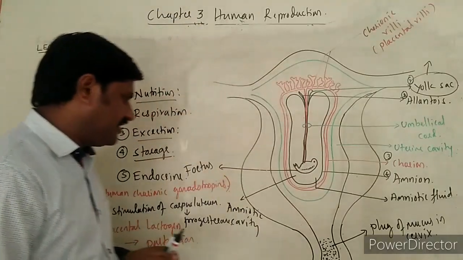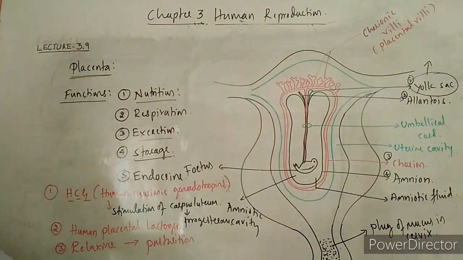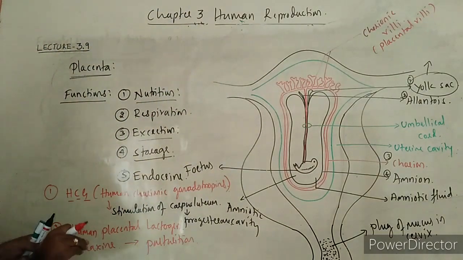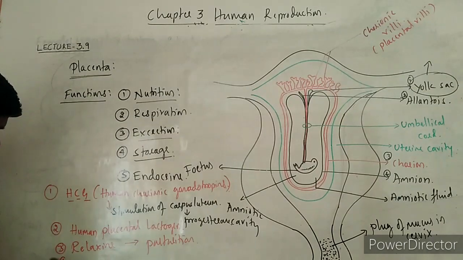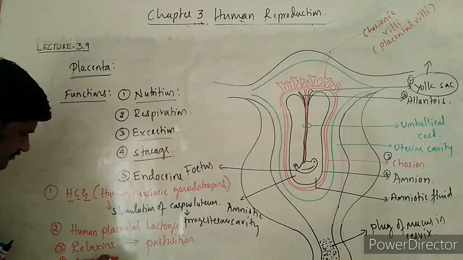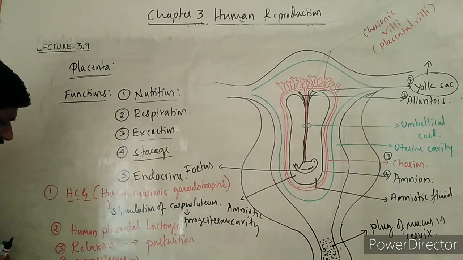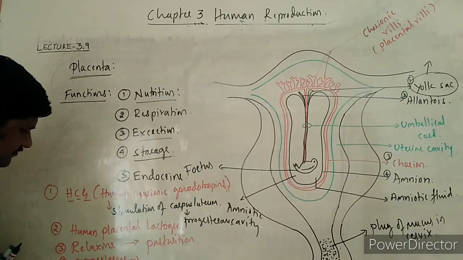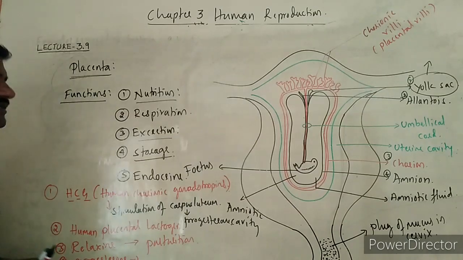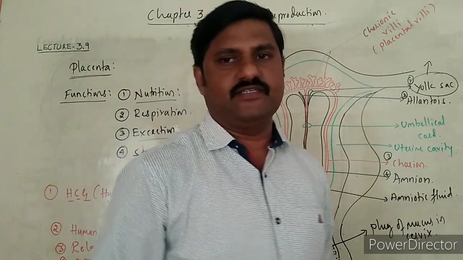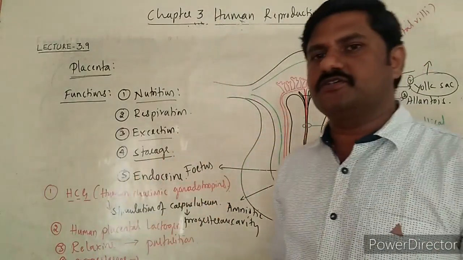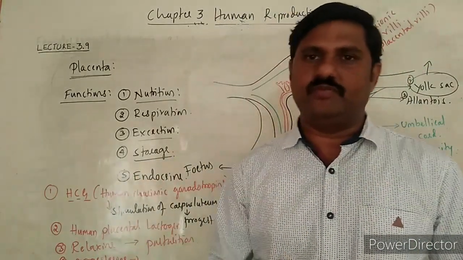Such kind of hormones are also secreted through this one. Along with this one, fourth one is progesterone, which helps in maintenance of pregnancy, and estrogen. All these are the hormones of what? Placenta. So all these functions of these hormones, you know it better.